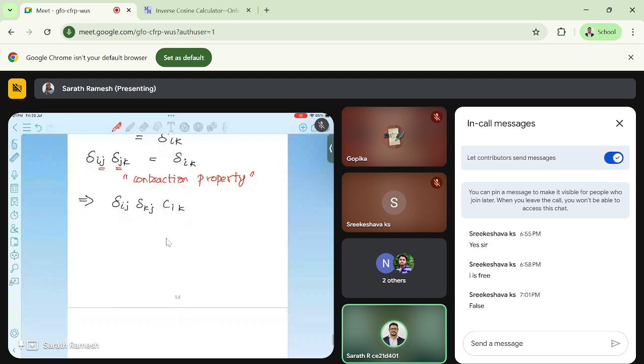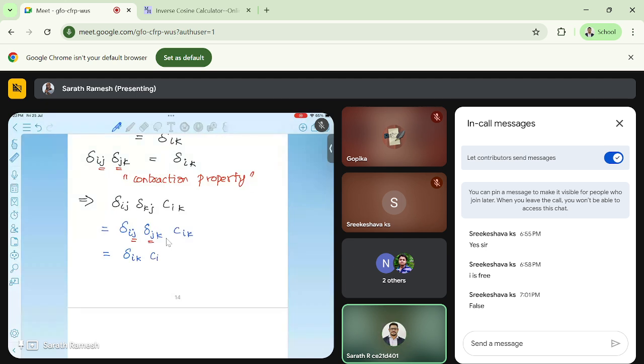Delta ij, delta kj, I can write delta jk, cik. So here j and j are in contraction. After contraction, it will become delta ik cik.